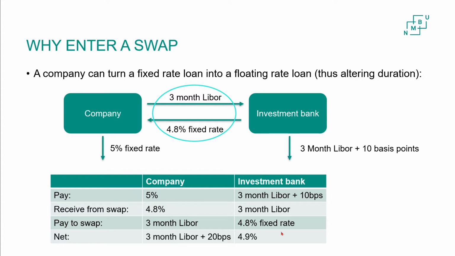And if you have a payment every 3 months, which is 4 times a year, then the duration of the floating rate bond is only 3 months, which is 1/4 of a year. So the duration is 1/4, and this reduces the interest rate sensitivity of the bond's price.